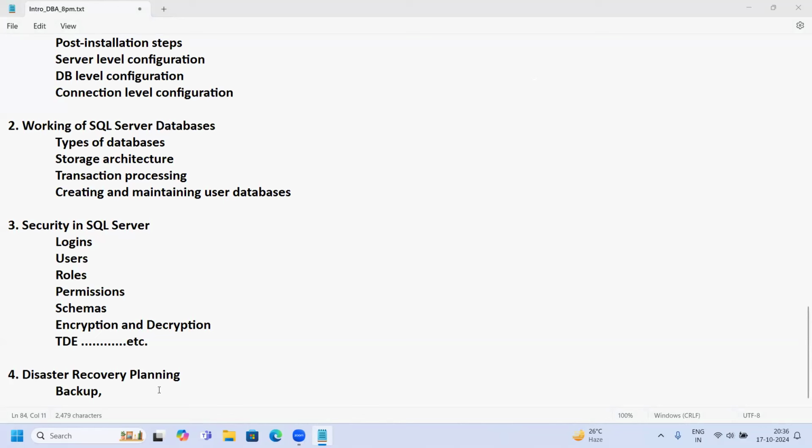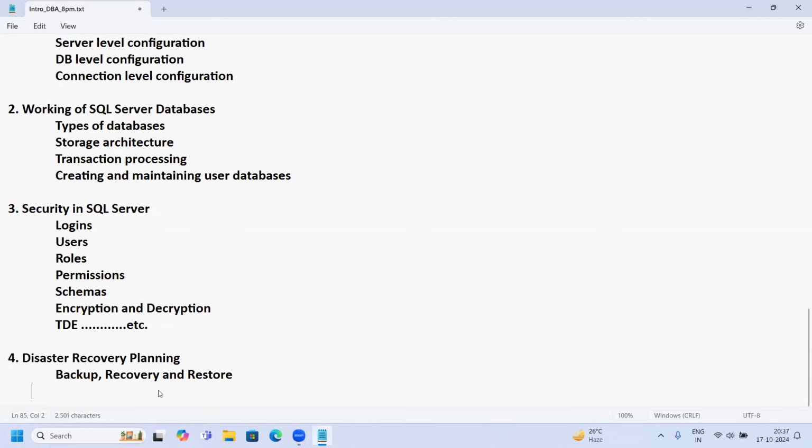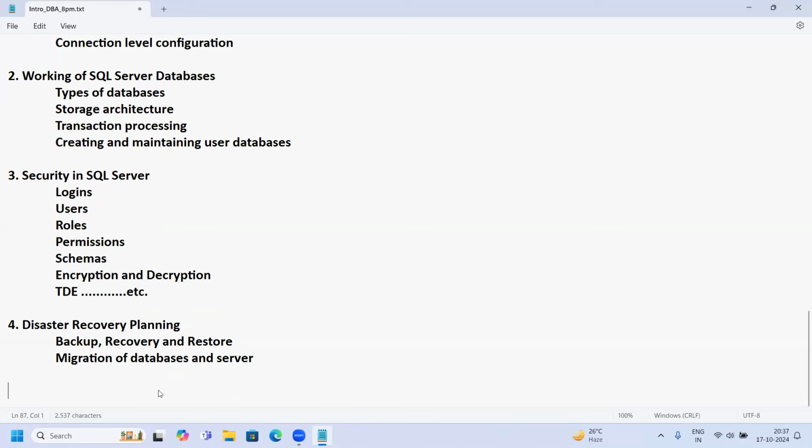And after that, you need to know about various rules on the concept of restoring, recovery, and restore. Even you need to know migration of databases and servers.